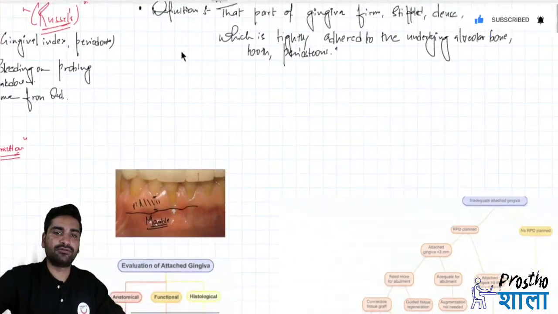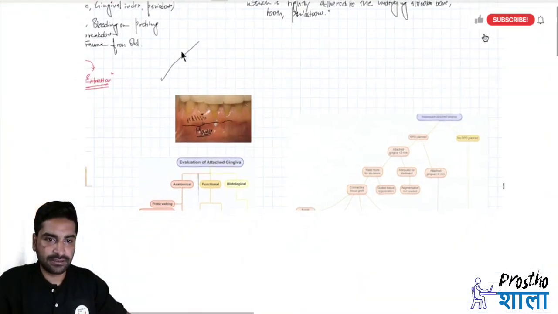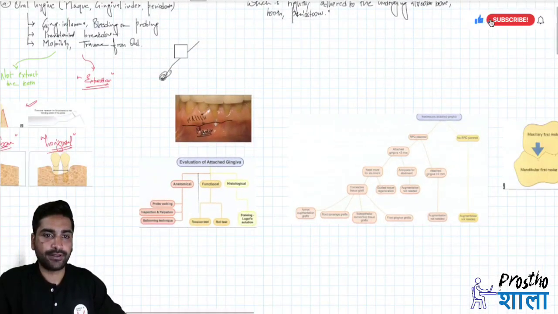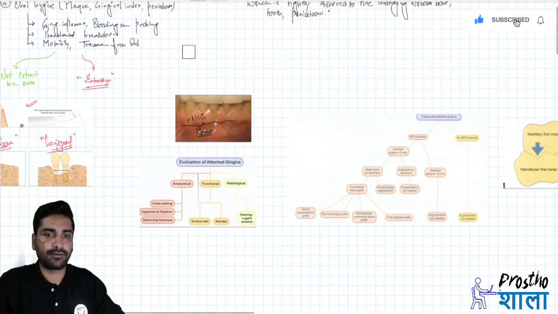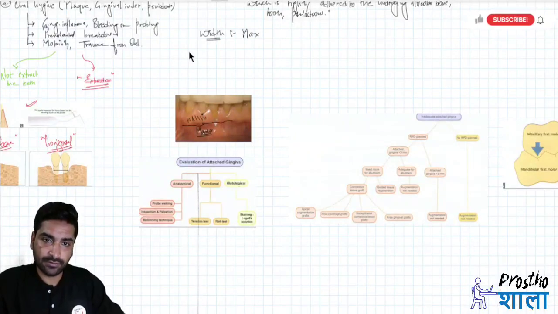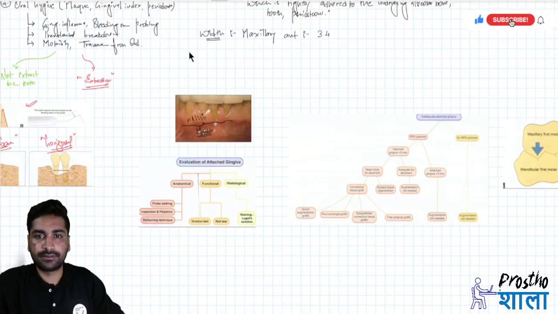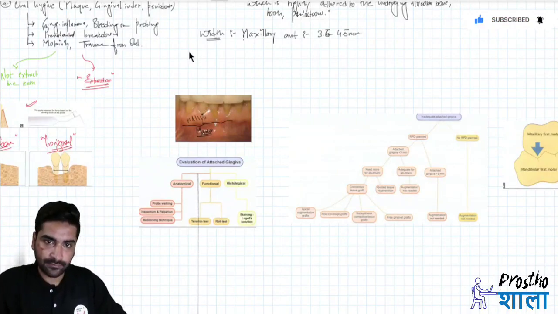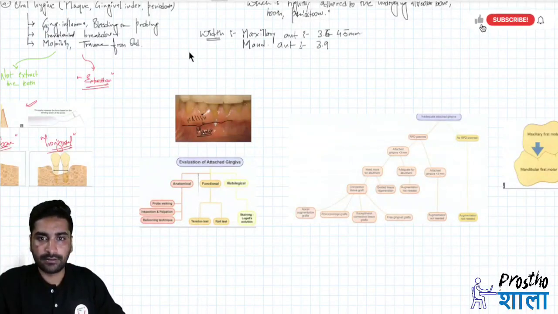Now, if we talk about the width of the attached gingiva, the normal value for maxillary anteriors is 3.5 to 4.5 millimeters. For mandibular anteriors, it is 3.5 to 3.9 millimeters, pardon me.